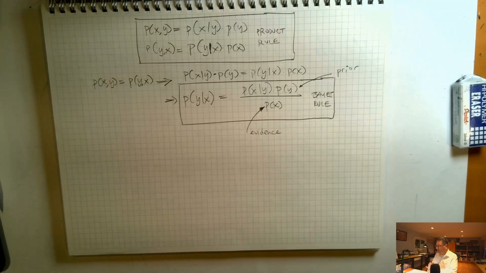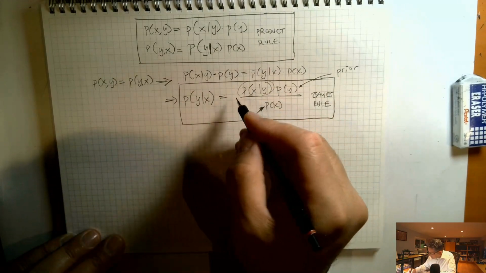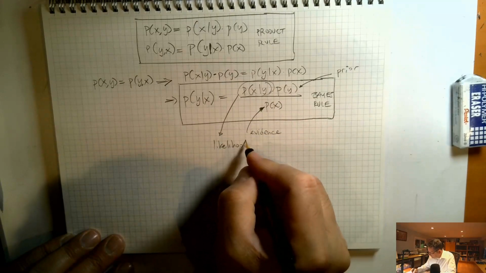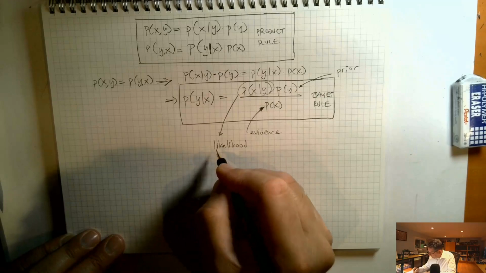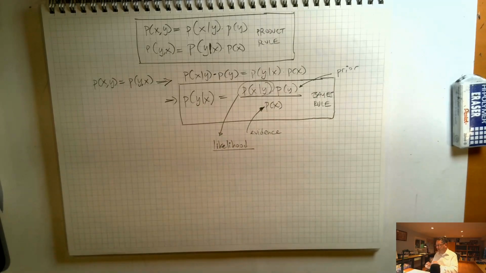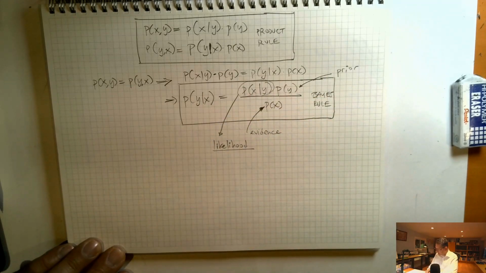And this is actually what had just happened in our case. Someone gave us some information about the y. And this is a very important quantity called likelihood. It tells us how likely is the data that we are seeing, x, given that we have a specific value in the y variable.